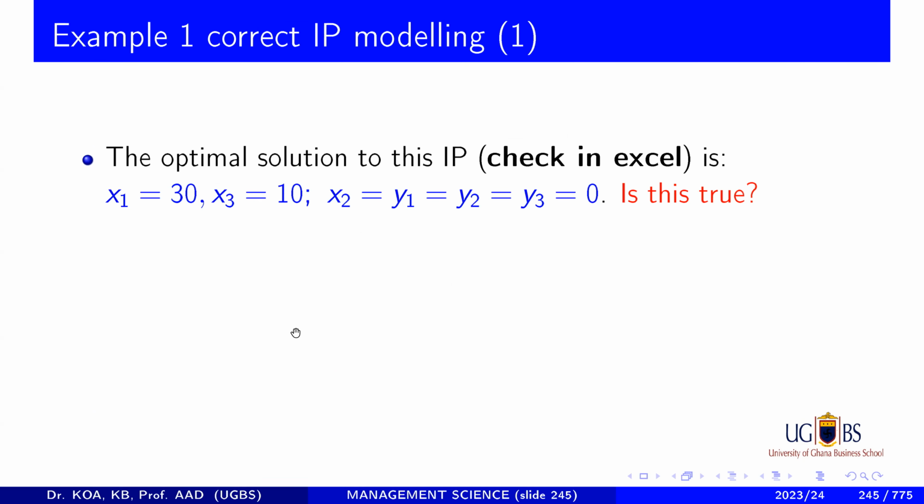What is the problem with this result? Look at it carefully and tell me the problem with this result. Who can tell us? Philip. Sir, I think the problem is, when we looked at the constraints, we couldn't see any of the.